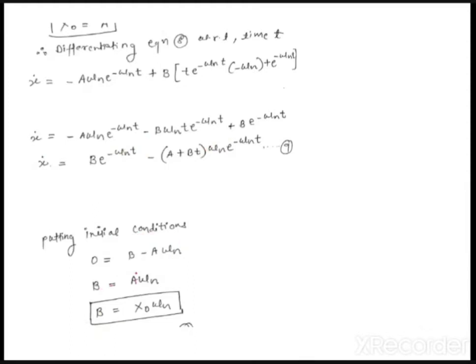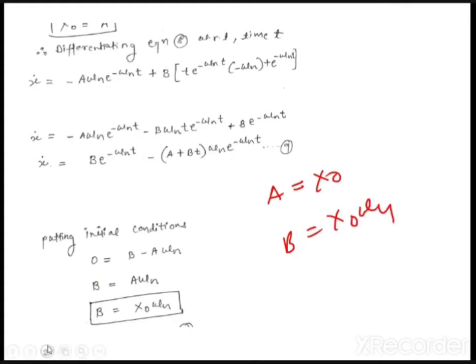So you are getting B is equal to A omega n. What is A? A is equal to x0. So what is B? B is x0 omega n. So I have got both arbitrary constants: A is equal to x0 and B is equal to x0 into omega n.